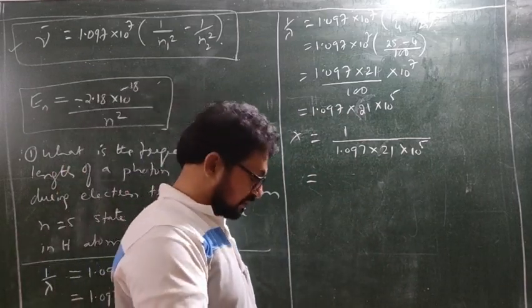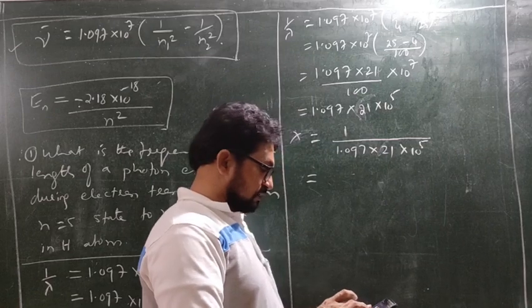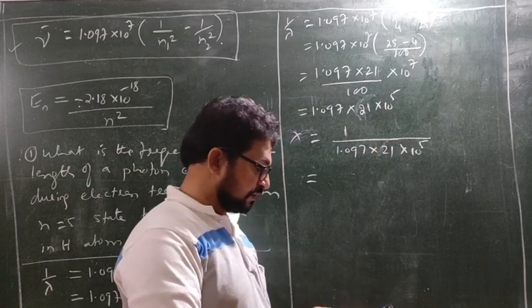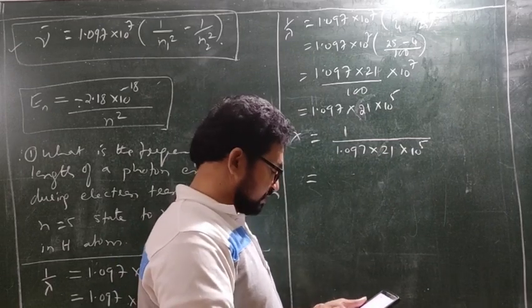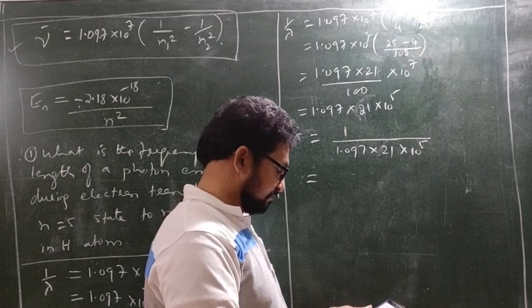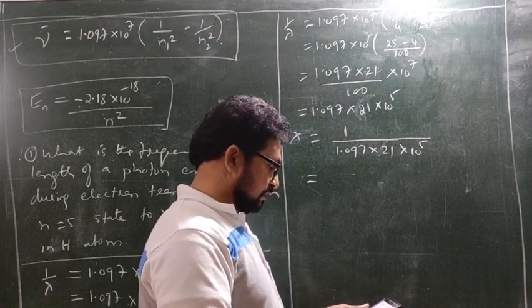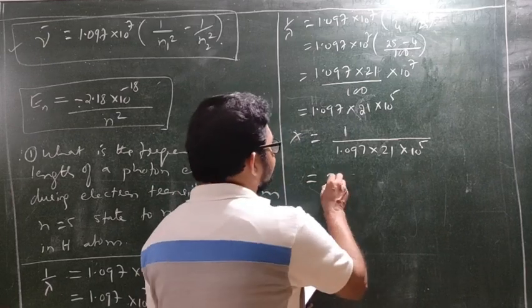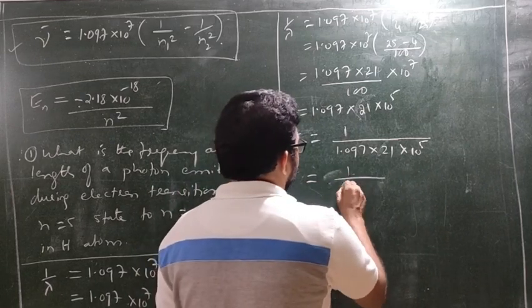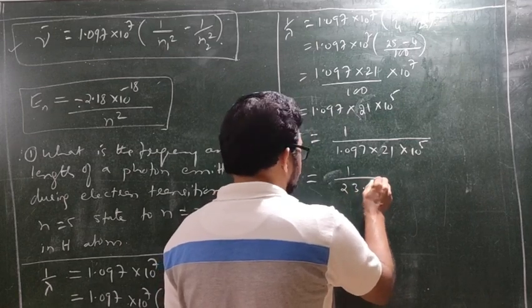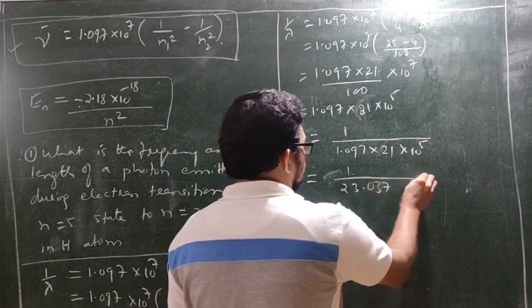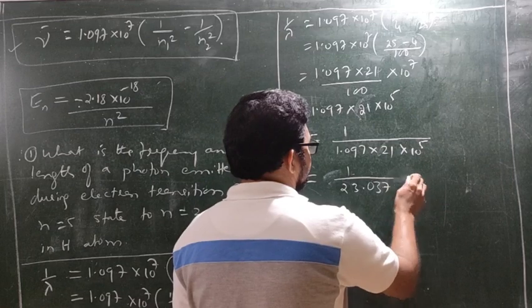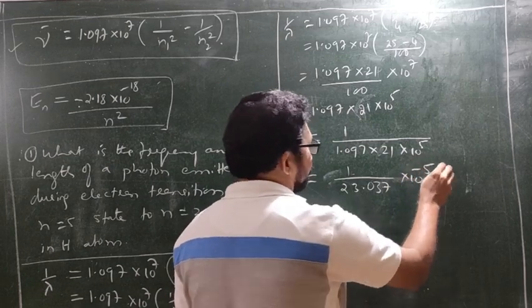I'll take the calculator and do this. 1.097 into 21 becomes 23.037. 10 raised to 5 goes to the numerator as minus 5.